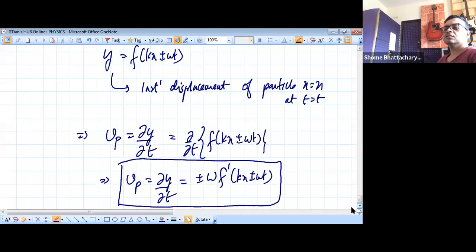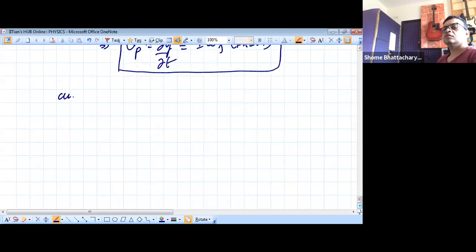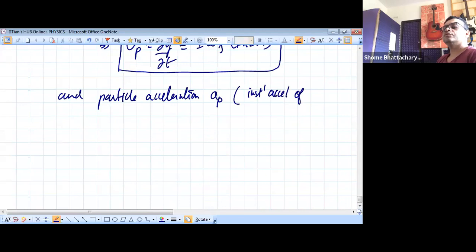And similarly, particle acceleration. This will be again the instantaneous acceleration of x equal to x at time t equal to t along the transverse axis. The motion is happening along the transverse direction.